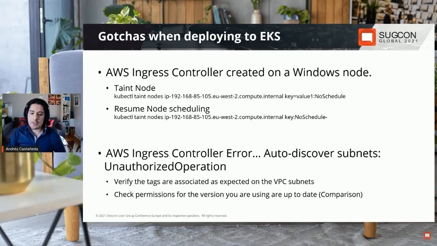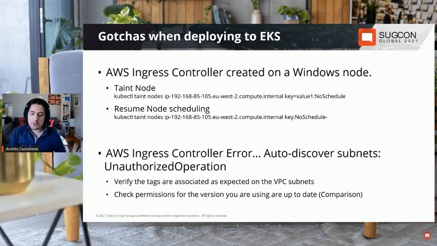If you are struggling to fix this, you can associate a node selector on, let's say, the nginx Ingress controller, or in the case of AWS, the best thing you can do is execute the taint command.